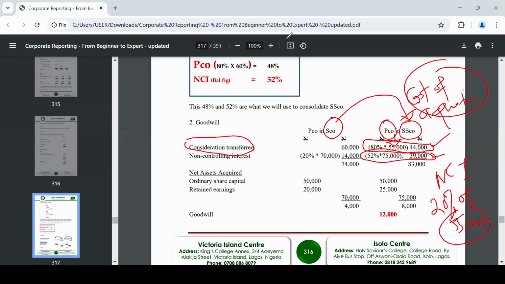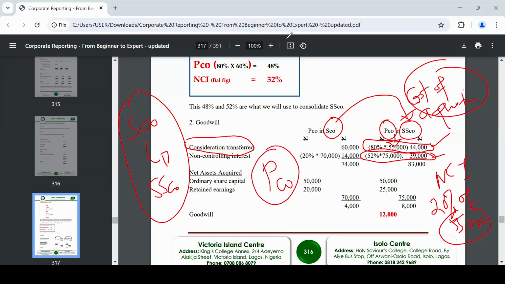Okay? Another thing that I asked you to note: you can't pay as much attention to ESCO buying SSCO. What you want to consolidate is not ESCO acquiring SSCO. What you want to consolidate is the books of PICO.